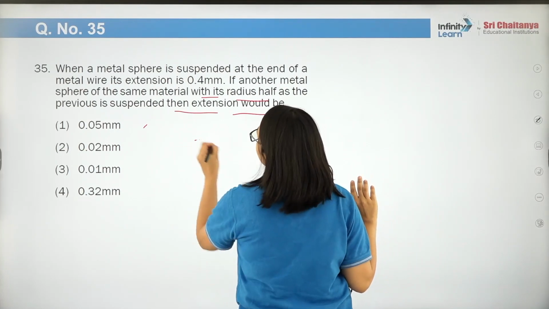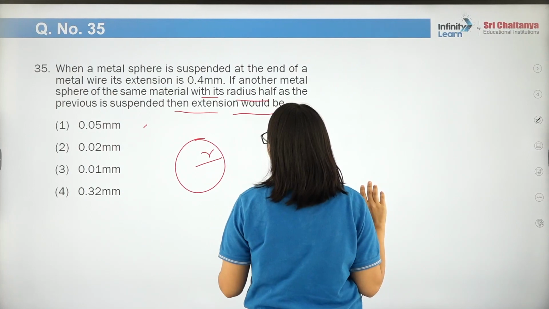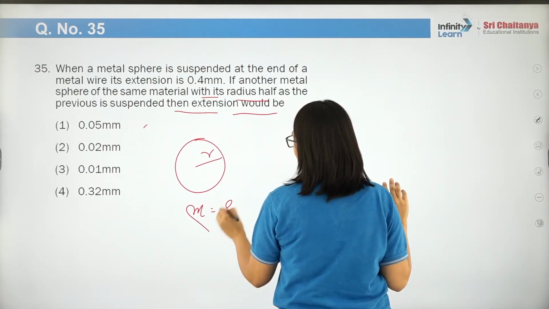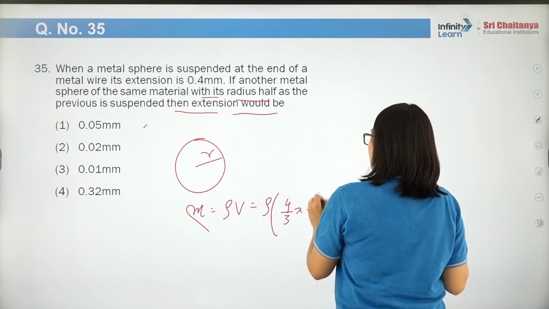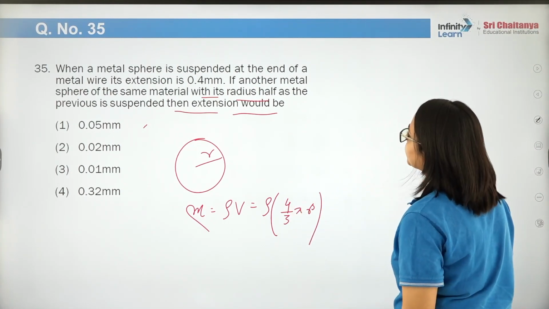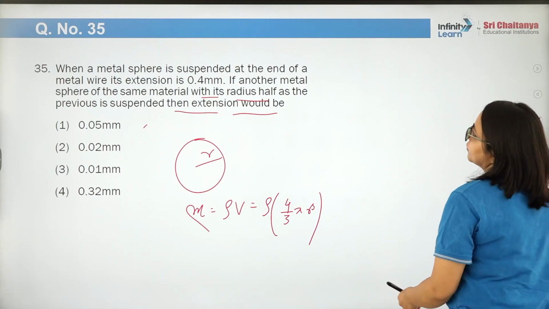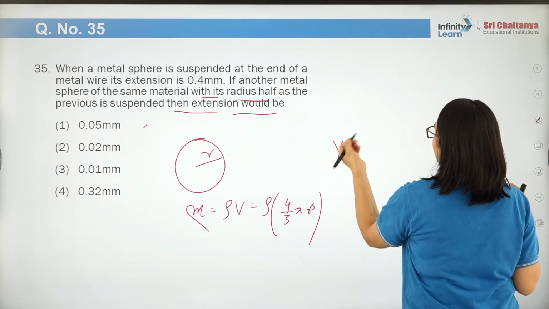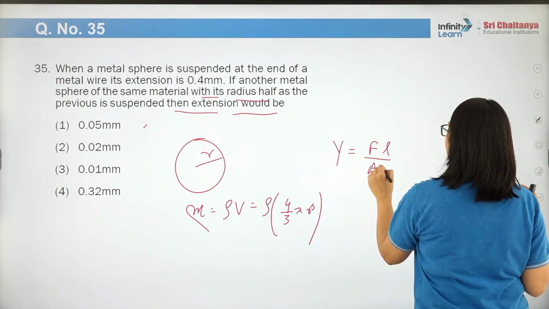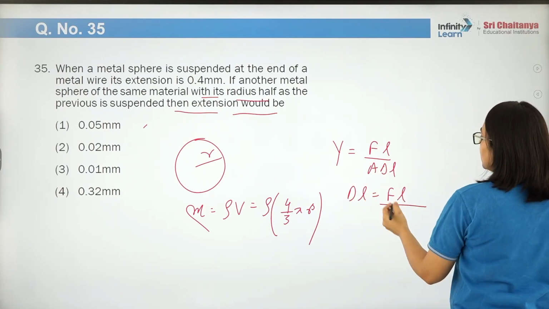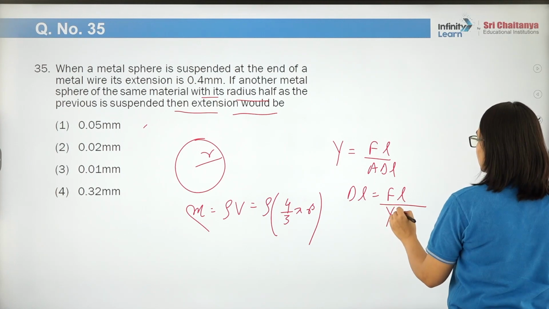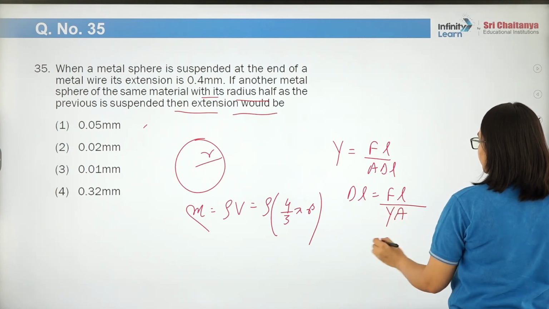We have a metal sphere, its radius is r. So its mass is density into volume, which is density into 4 by 3 pi r cube, right? So we have Young's modulus as FL upon A delta L. So delta L will be FL divided by YA.